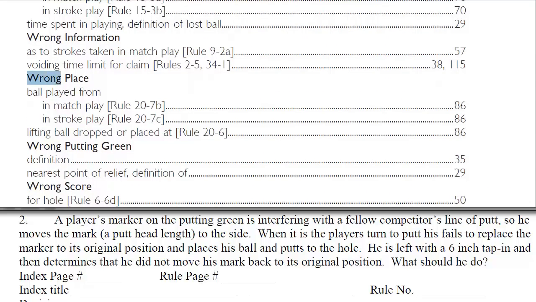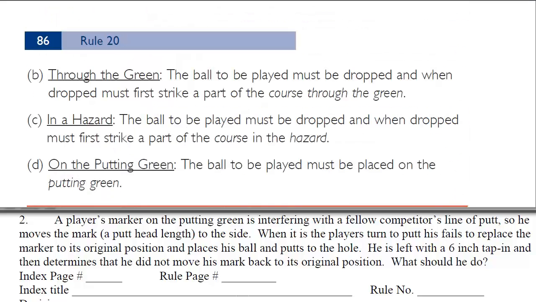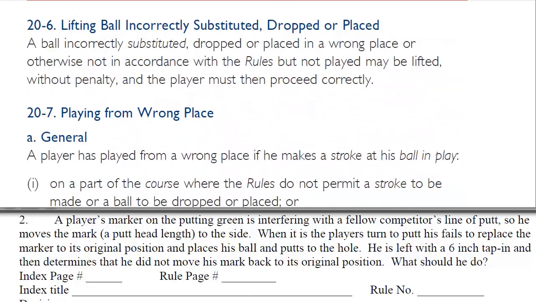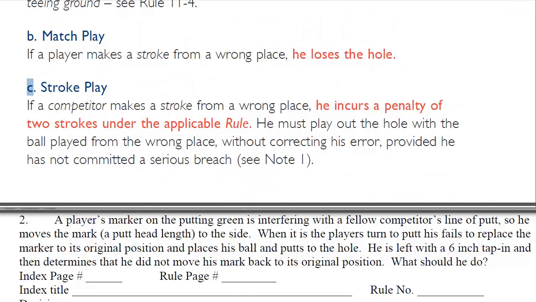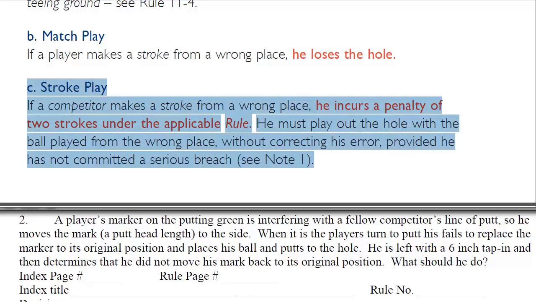So we got wrong place, and we got played from, and then here's stroke play again. Exact same spot it's going to direct us to on page 86. So let's shoot over to 86 and see what we have here. What do we have? 7C, right? So, alright, wrong place, 7C, we're there, and this is what we got to go through right here.